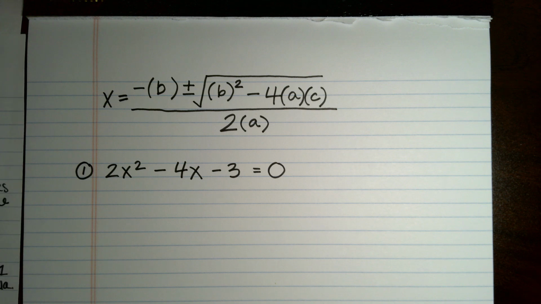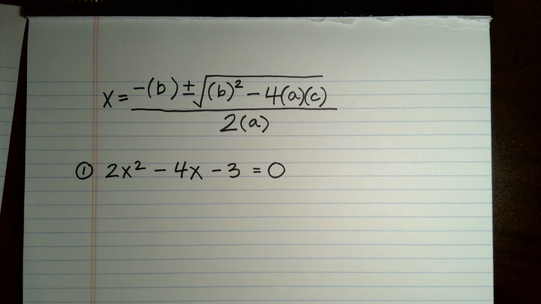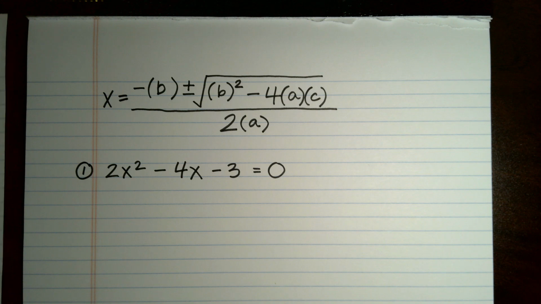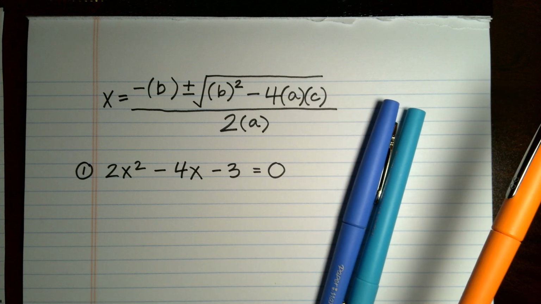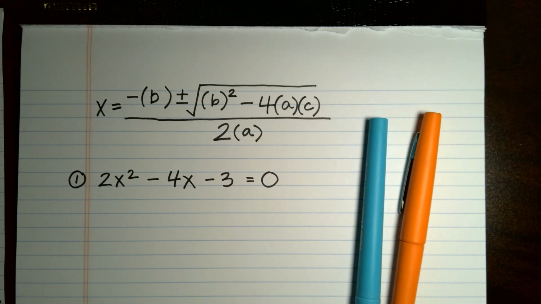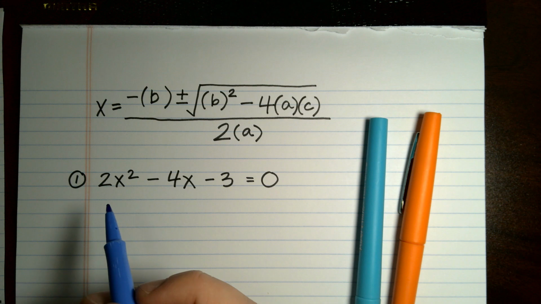Okay, so on that handout I gave you that says the quadratic formula, what does step 1 tell you to do? Yes. The first thing we always do is identify the values for A, B, and C. So let's do that. And I'm going to use colors. I think that really helps me. Might help you guys.